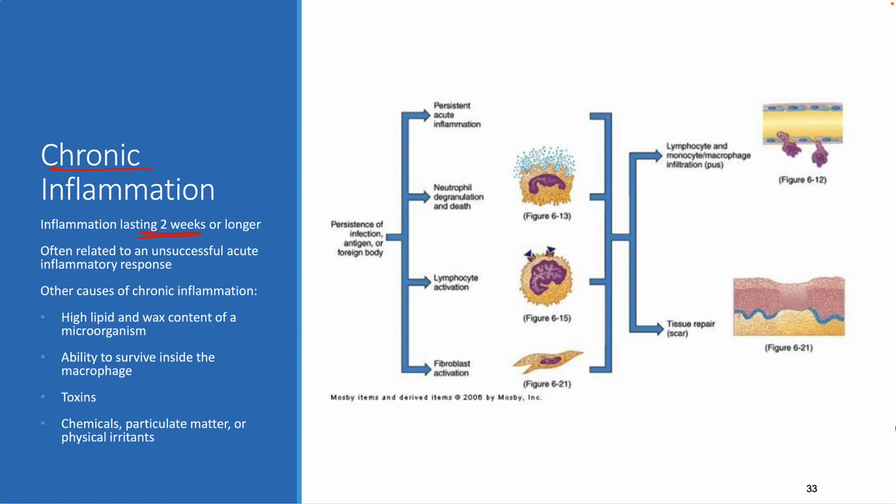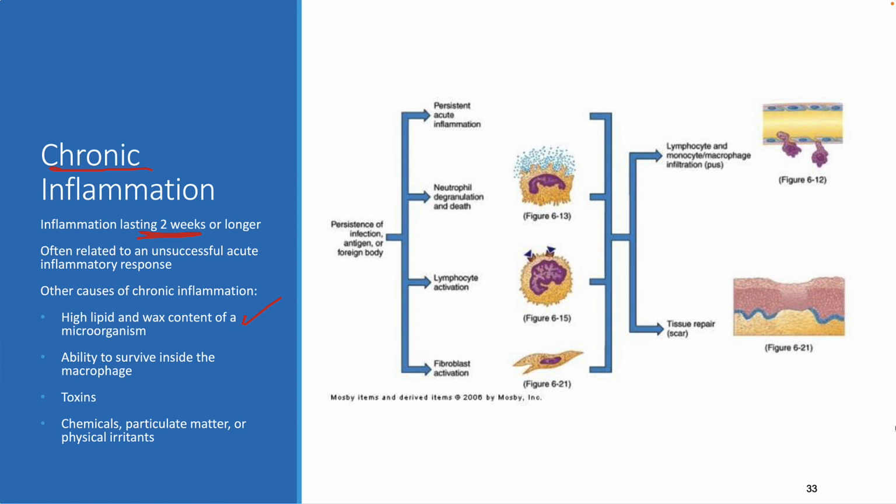Okay? Now, there are some other things in addition to this unsuccessful initial inflammatory response that can cause chronic inflammation. One of them is high lipid content of microorganisms. So there are certain microorganisms that tend to cause a longer term chronic inflammatory response.